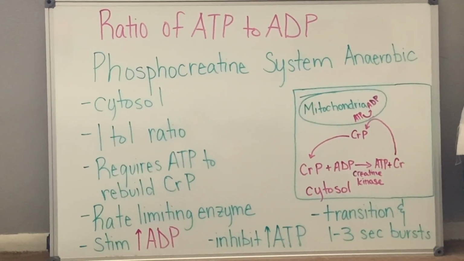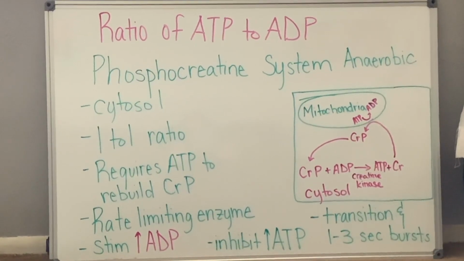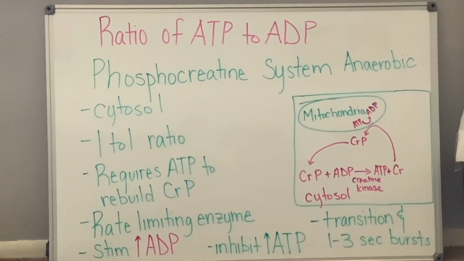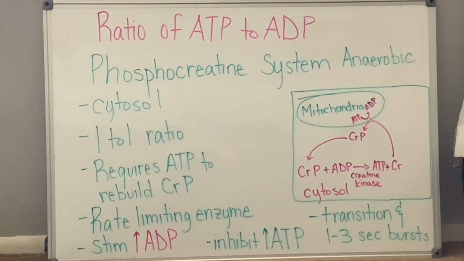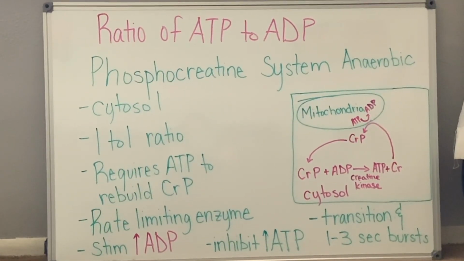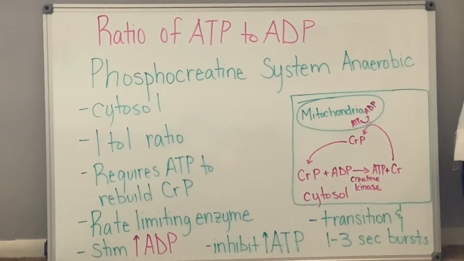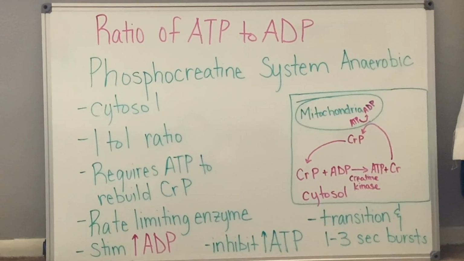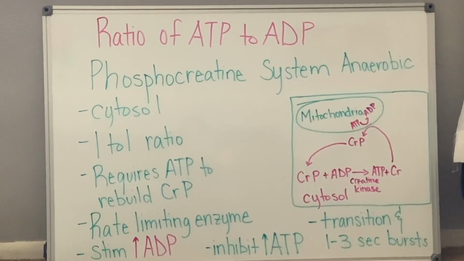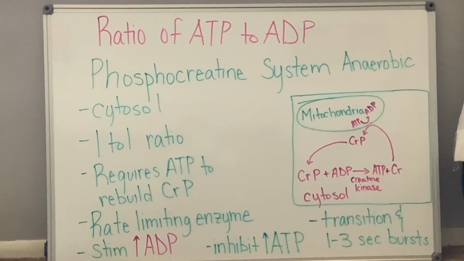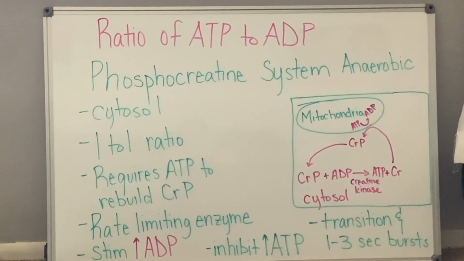The downside to the creatine phosphate system is that there is a limited amount of creatine phosphate within the cytoplasm. Also, after creatine phosphate is used and donates its phosphate to ADP to generate ATP, the creatine molecule has to go to the mitochondria, where it utilizes an ATP molecule to recreate creatine phosphate.